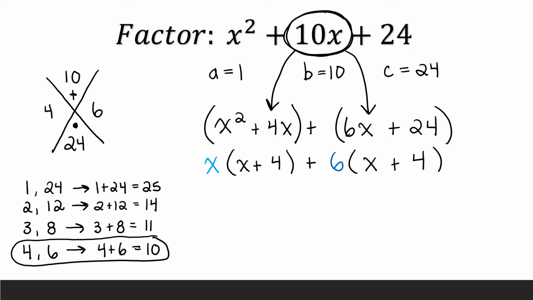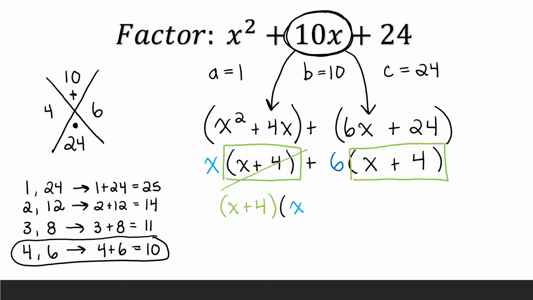And now I can look for the common factor between these two groups, which is that entire x plus 4, which I can factor out. So I have the quantity of x plus 4 times x times the quantity of x plus 4 divided by that x plus 4. So my x plus 4 is factored out, leaves me with x, plus 6 times the quantity of x plus 4 divided by that x plus 4, leaves me with just the 6.